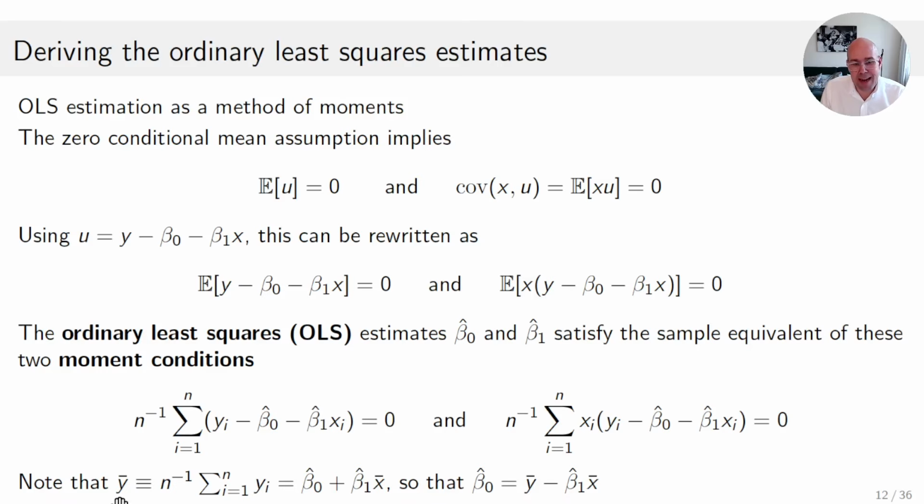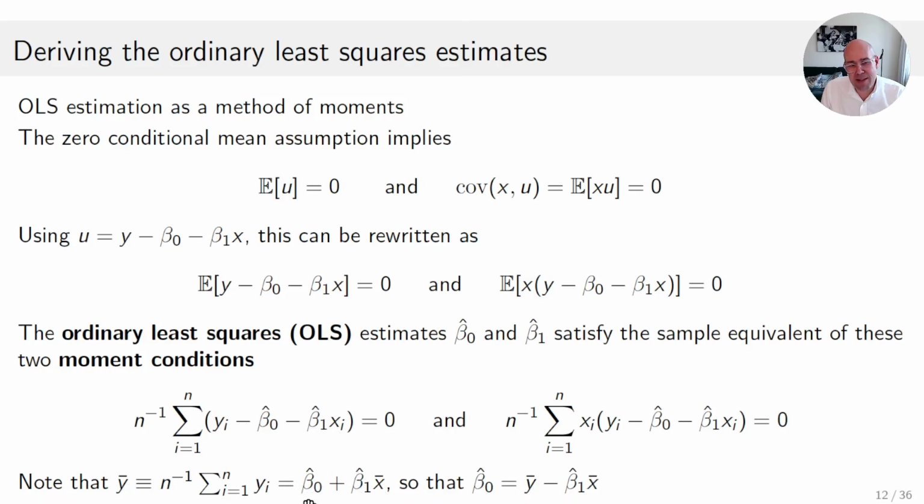Let's denote the average of a variable, for instance y, by y bar. So again, y bar is 1 over n, and then the sum i goes from 1 to n of yi. And now I'm going to plug in basically that yi is beta naught hat plus beta 1 hat xi.